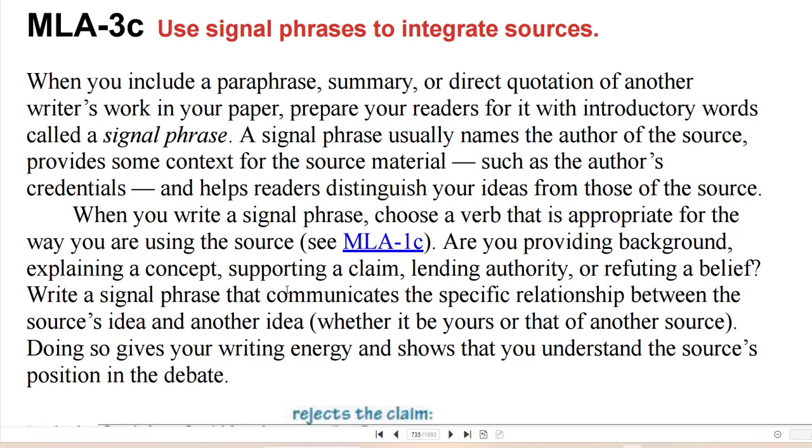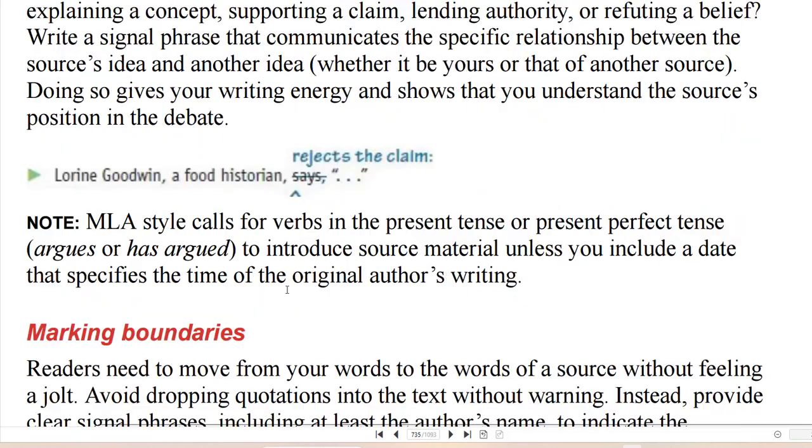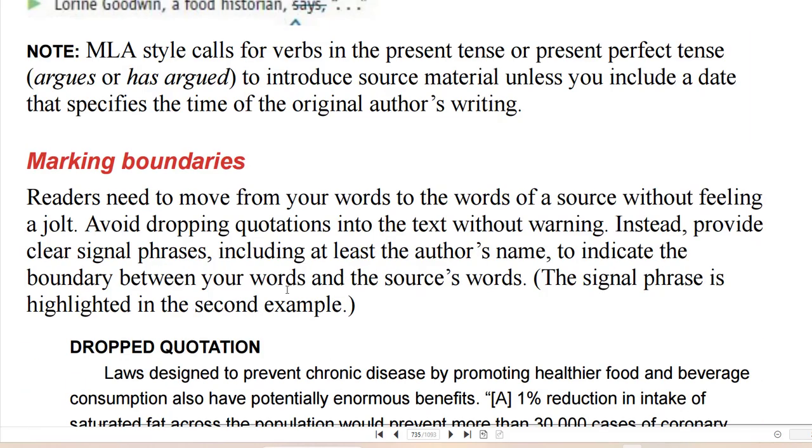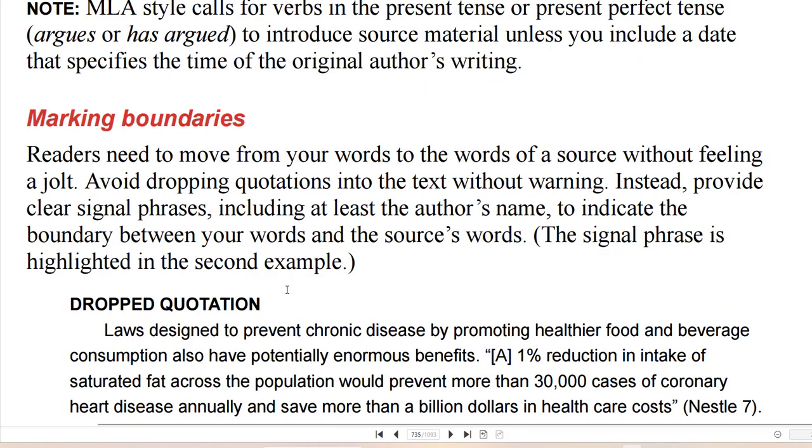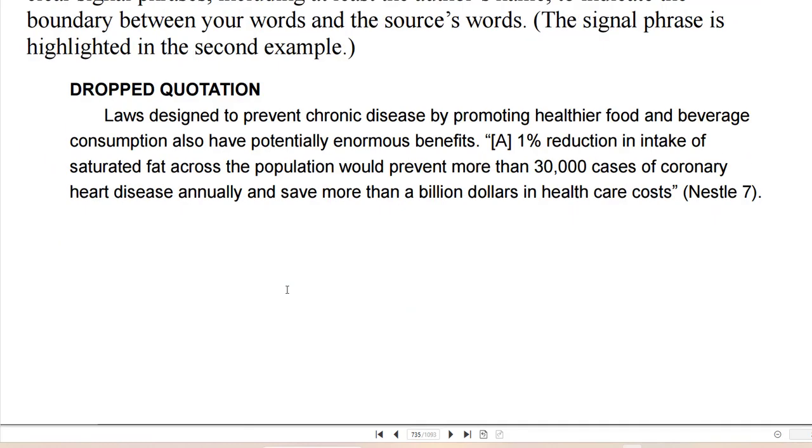When you include a paraphrase, summary, or a direct quotation of another writer's work, use a signal phrase. A signal phrase usually names the author of the source and the page number and provides credentials for the reader. When you write a signal phrase, choose a verb that is appropriate for the way you are using the source. So here you use a signal phrase to signal to the reader that you're about to start an in-text citation.